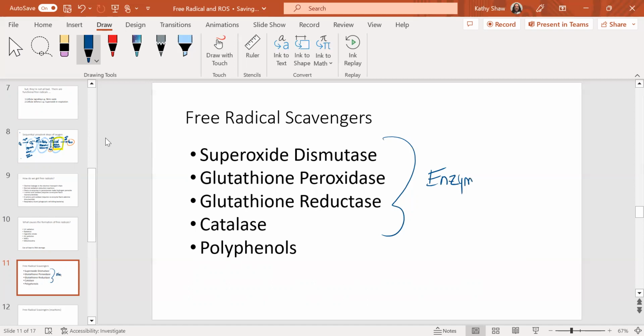And remember, we were talking about enzymes that needed certain vitamins, minerals, things like that. That will come into this story. We'll talk about superoxide dismutase in a minute. We might see it in the cytoplasm. So cytosolic superoxide dismutase needs copper. We might see it in the mitochondria.